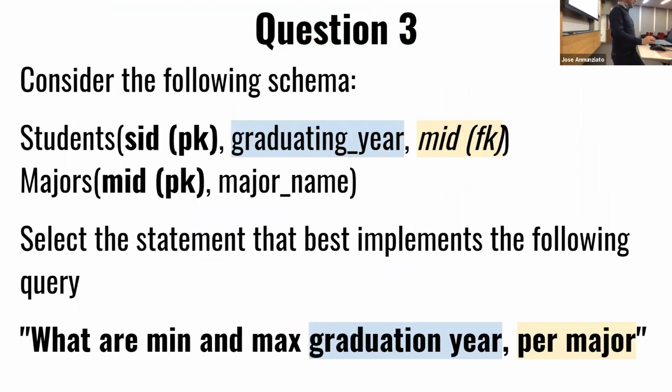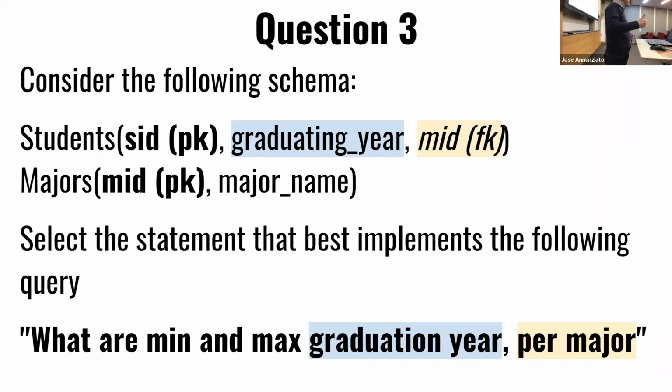So here's another one. We have students and major. It says, what are the min and max graduation year per major? Again, do I need the other table? Probably not, right? Notice that the graduation year, I can grab it from the students table, and the per major, I also can grab by the foreign key of the major ID, right?